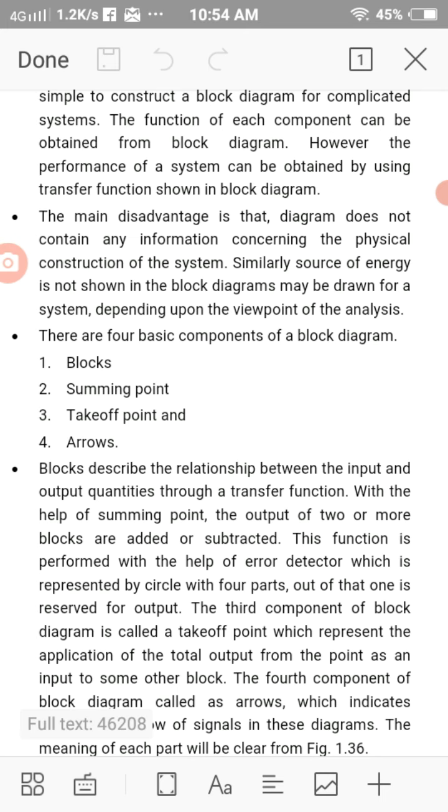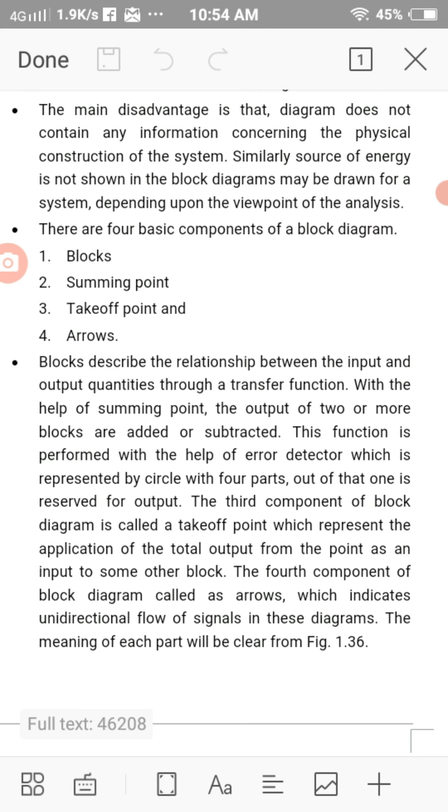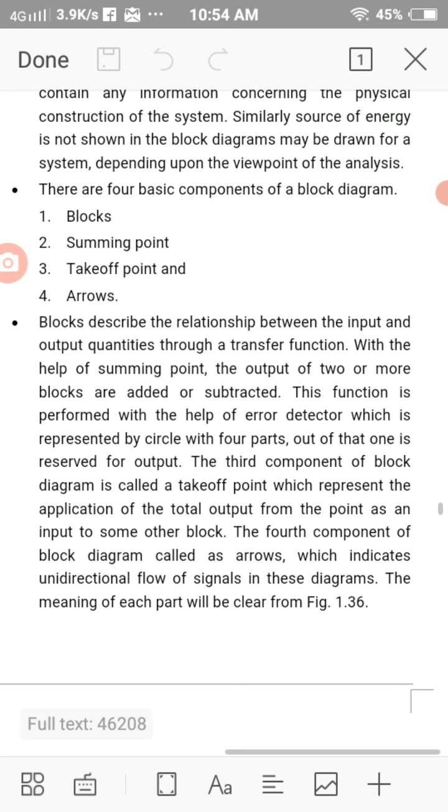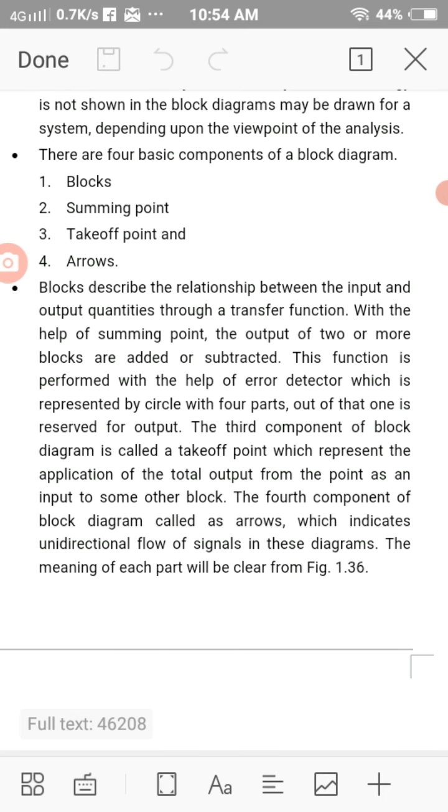This block diagram has four main points. First one is block, second summing point, third take-off point, and fourth arrows. Block describes the relation between input and output quantities through a transfer function. Summing point is nothing but where outputs of two or more blocks are added or subtracted.